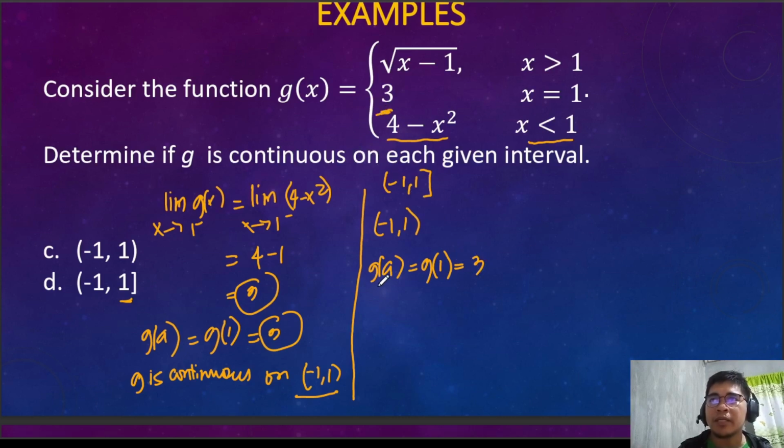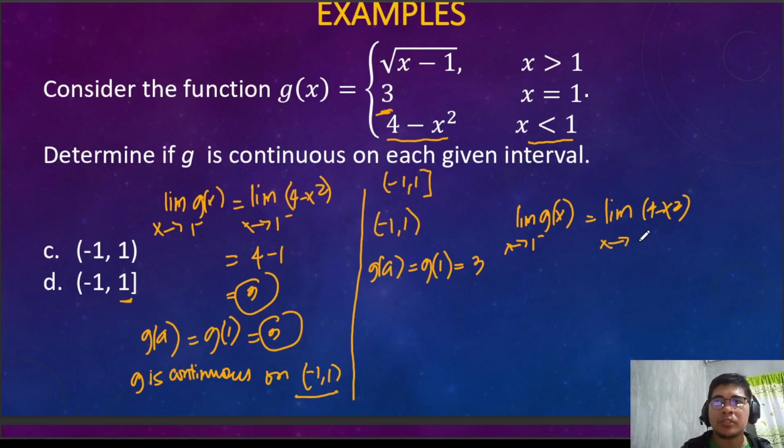And then we need x less than 1, or the limit from the left side. Limit of g of x as x approaches 1 from the left is equal to the limit of 4 minus x squared as x approaches 1 from the left side. So we get 4 minus 1. So the answer is 3.